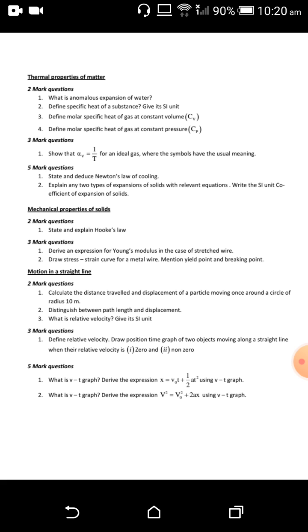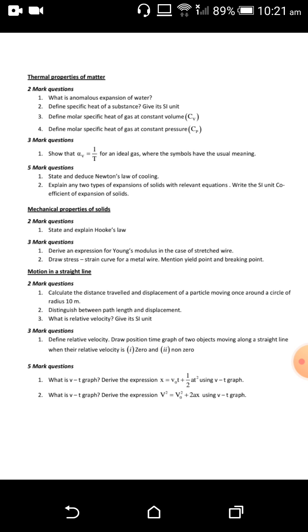Next is coming to the 5 marks question in this chapter. The expected question is: state and deduce Newton's law of cooling. So you need to state the statement of Newton's law of cooling, that is, the rate of cooling of a body is directly proportional to the difference in the temperature of the body and its surrounding, provided the difference in temperature is small.